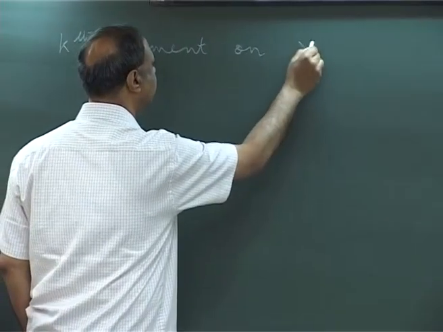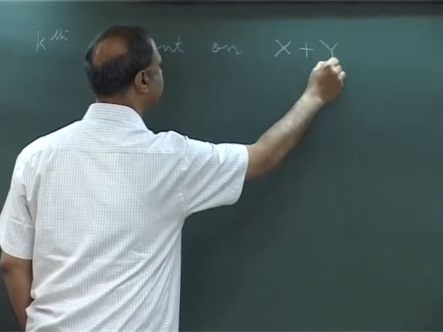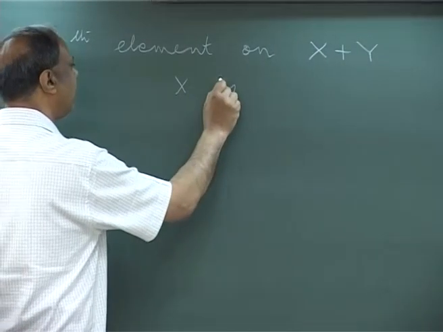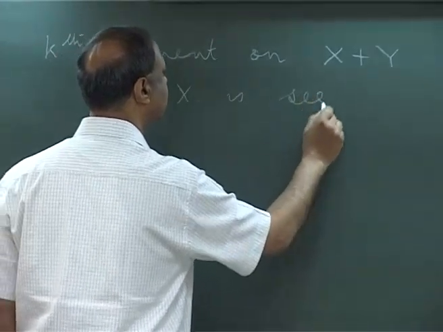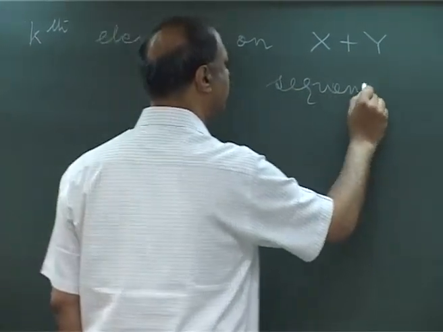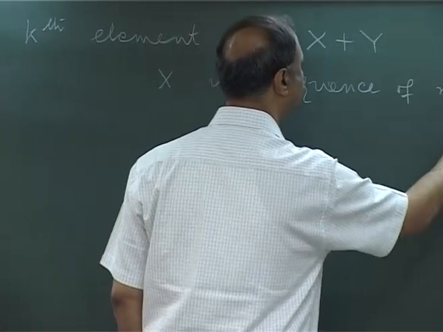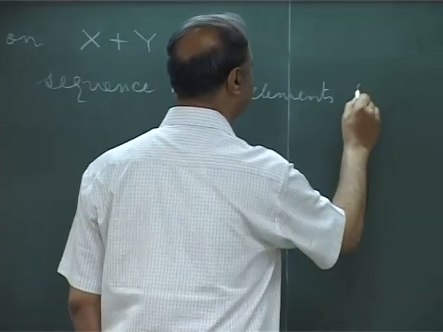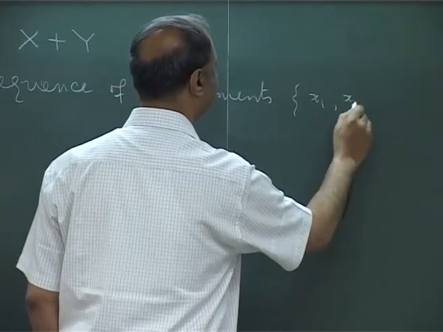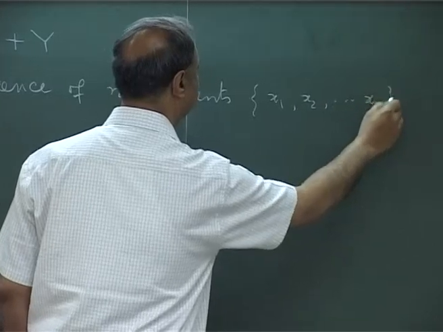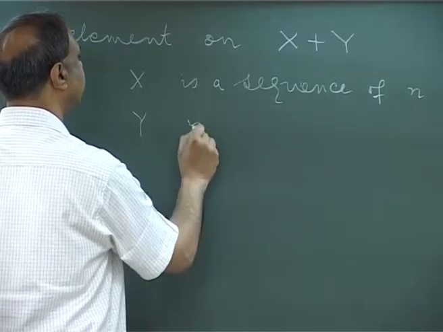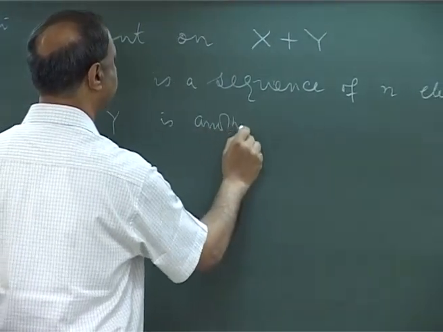Now today we'll be discussing finding the kth element on X plus Y, where X is a sequence of n elements, say x1, x2, up to xn, and Y is another sequence of n elements.